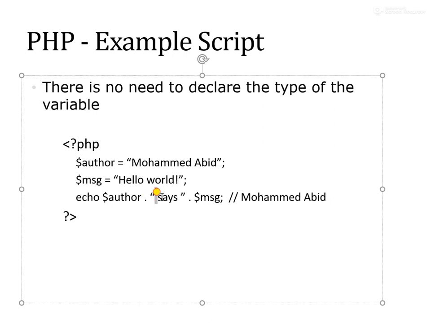Then this is the string that will display as it is, says. And then again dot is an operator for concatenation, so concatenate this string with variable msg. What is variable msg? It is hello world. So this will display on screen as a result of this statement.